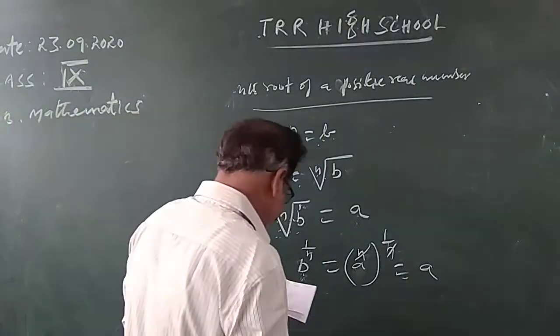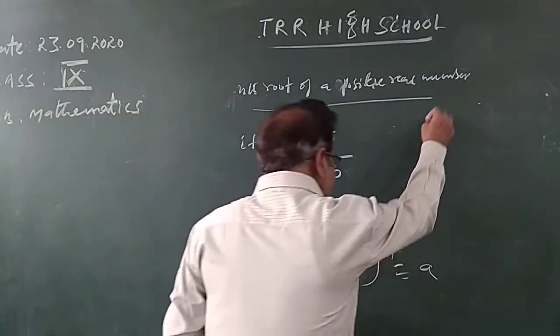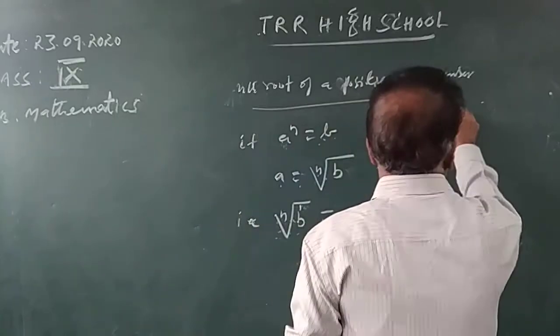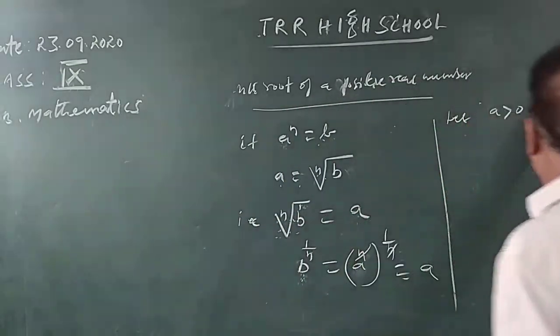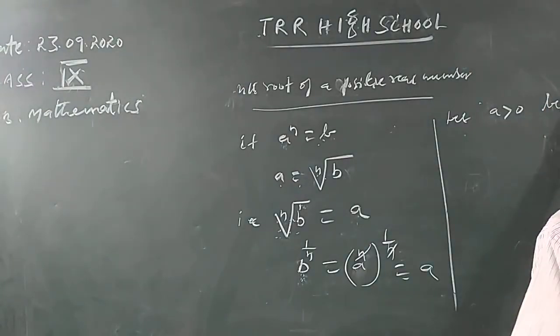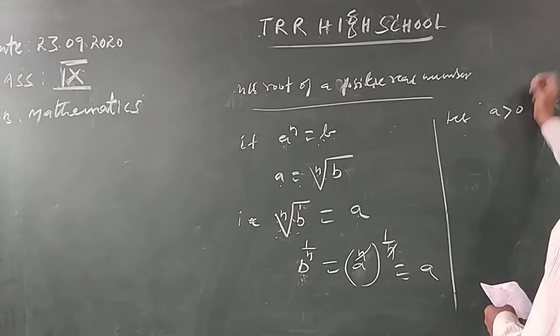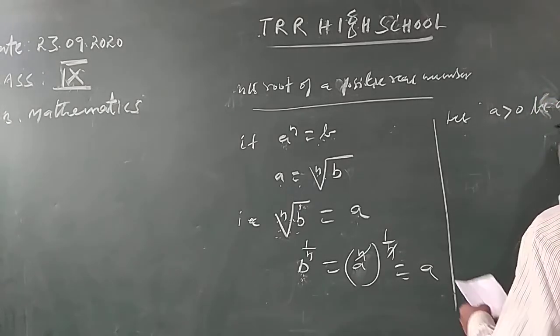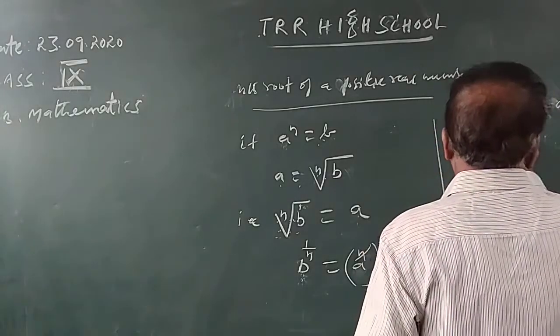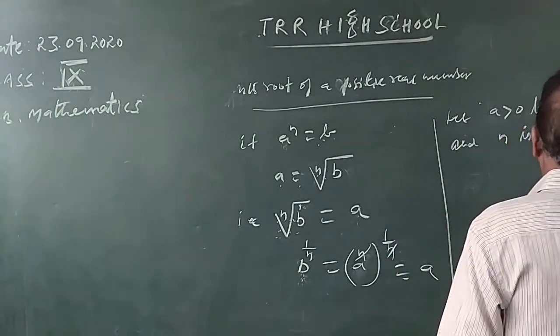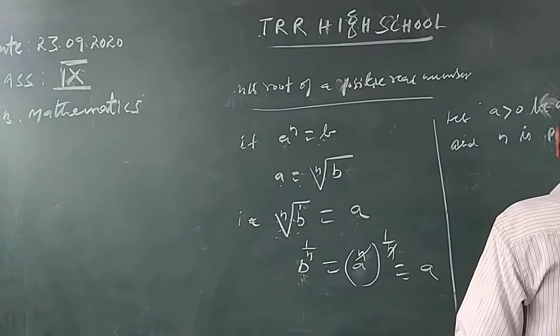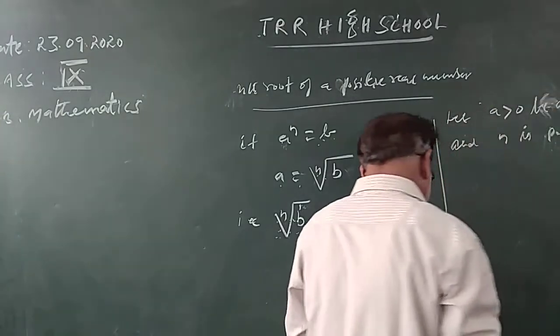So we can define this. Let a be greater than 0, b a real number, and n a positive integer.